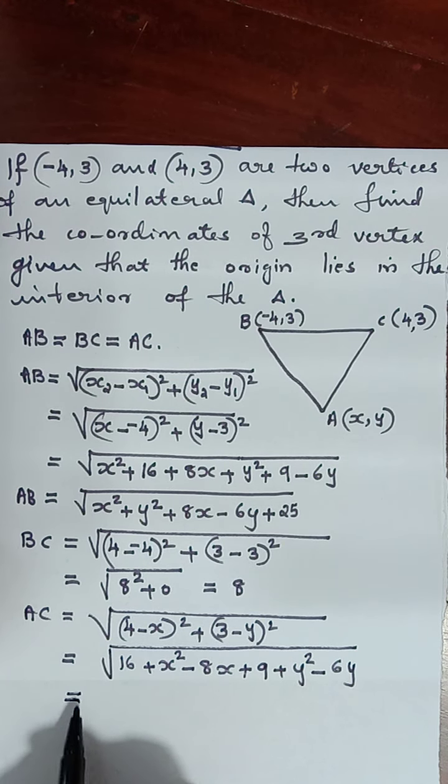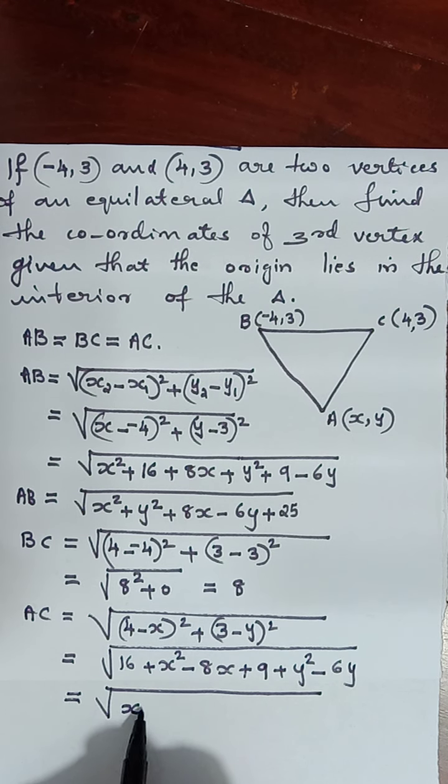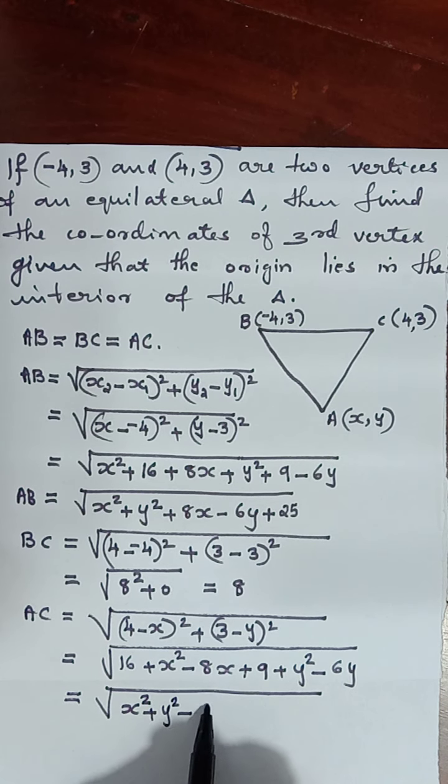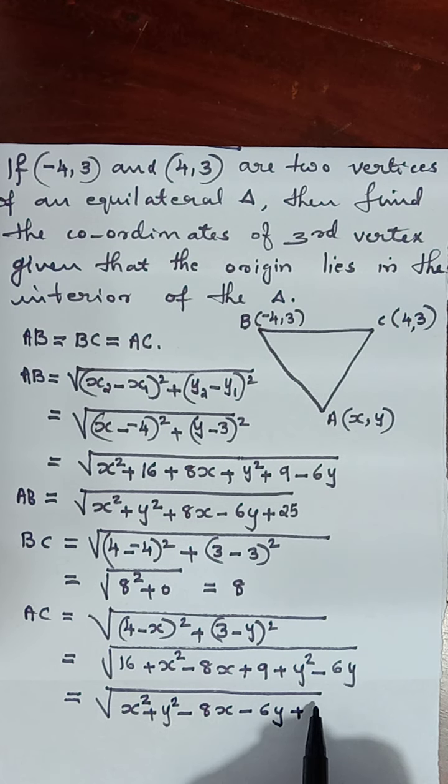Don't forget to put the root. So we are going to arrange it: first x square plus y square minus 8x minus 6y plus 16 plus 9 is 25. So here we have AB, BC and AC.